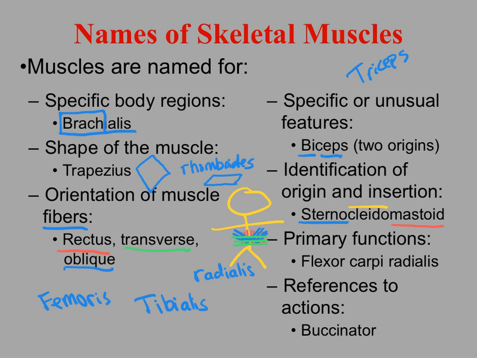And it's almost always like this, where the first part or the first two parts in the name of the muscle is the origin. So the sternocleidomastoid actually has two points of origin. One tendon originates on the sternum, and the other tendon originates on the clavicle. And then the muscle merges together and inserts on the mastoid process.